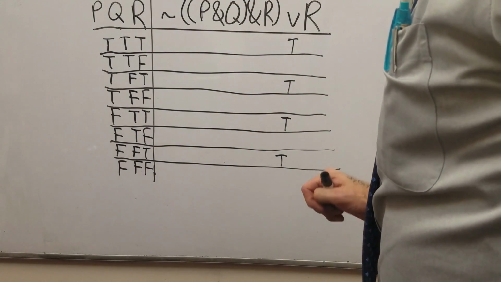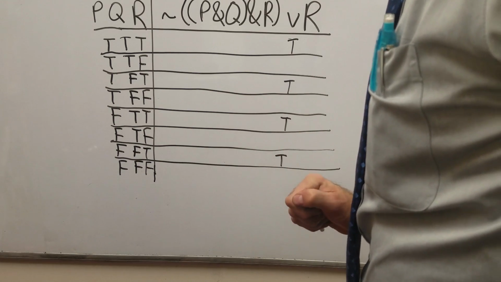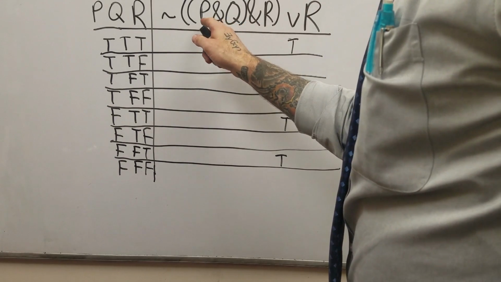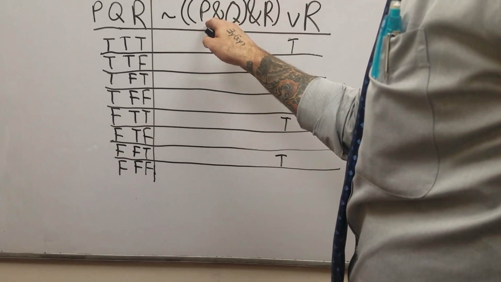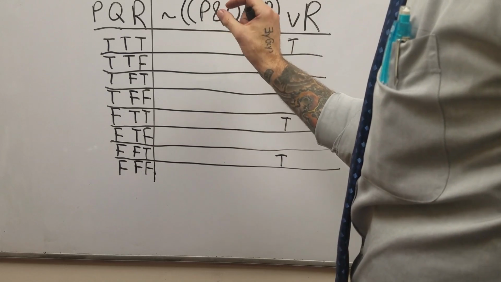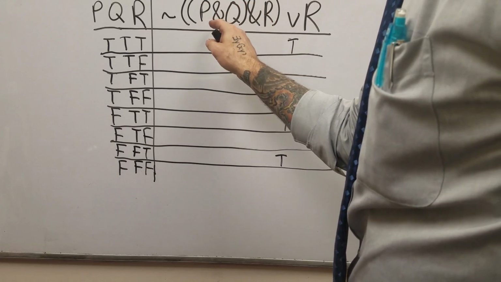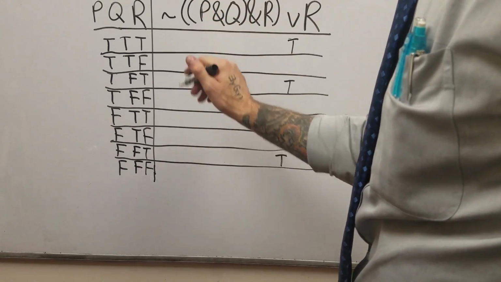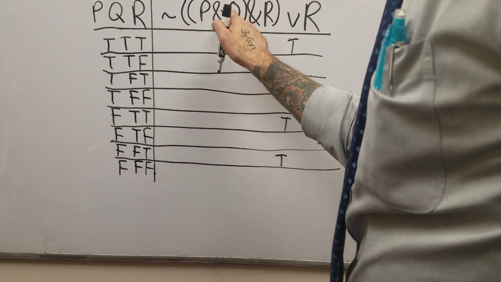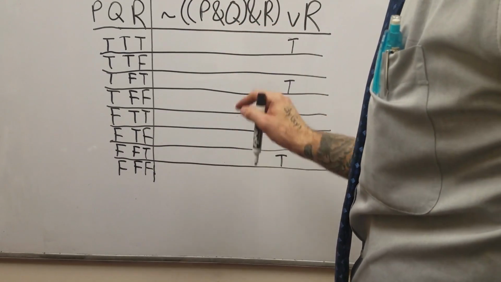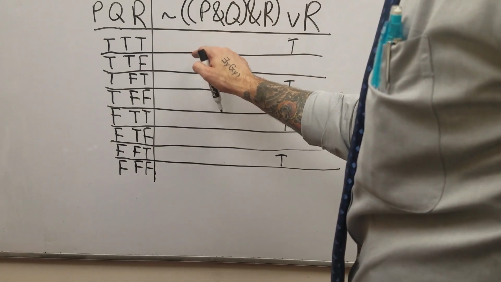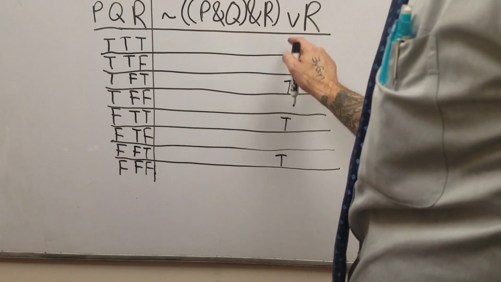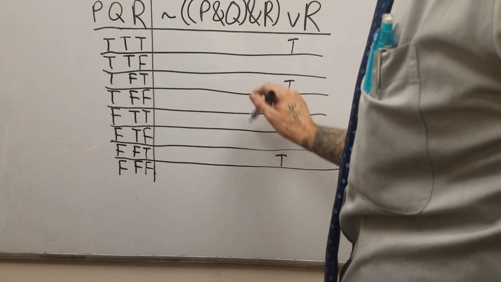Let's move over to our left now and see if we can keep taking some shortcuts, okay? We can go ahead and evaluate this starting with the operator with the smallest scope, which is going to be this conjunction here that only scopes over P and Q. Remember, a conjunction is true anywhere both conjuncts are true, and we only need to check this on the even numbered lines, because on the odd numbered lines we already know that the whole thing is true.